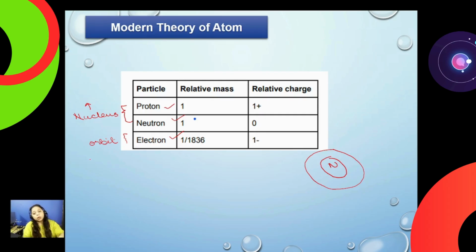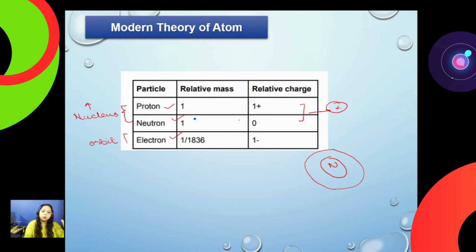So when we talk about the protons and neutrons, let's talk about their charge. Protons carry positive charge while there is no charge on the neutron. So if we say what is the charge on nucleus, then collectively we can say that nucleus is positively charged. Why? Because it contains the positively charged protons and the particles with no charge.